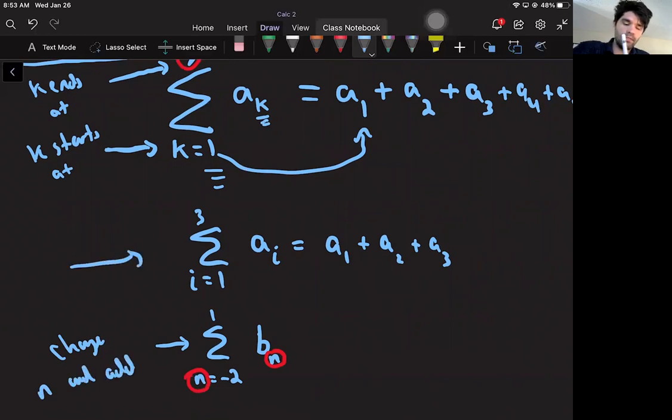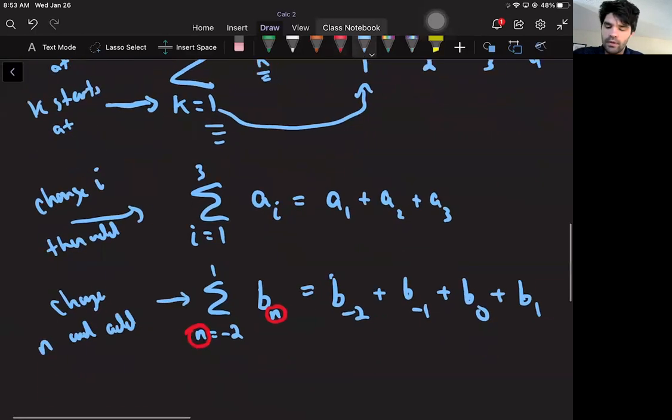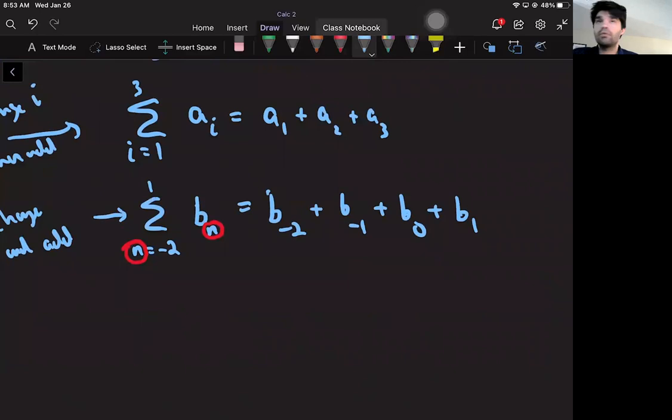And then this is saying the same thing, but with I, change I and then add. Okay, so this one would be weird. It would be B -2 plus B -1 plus B 0 plus B1. You start at -2 and you go to 1, and you're always just counting whole numbers. So you're not going to worry about any sort of fractions or anything. But yeah, that's all. Okay, so that's the notation.